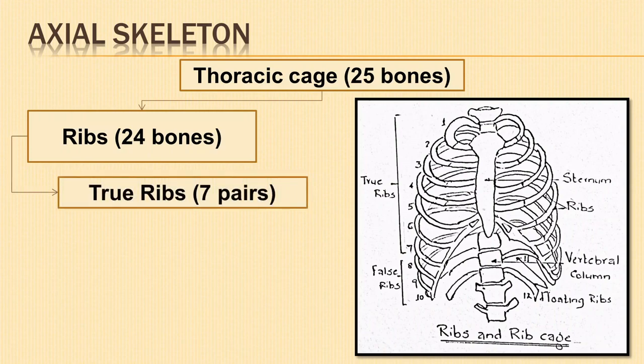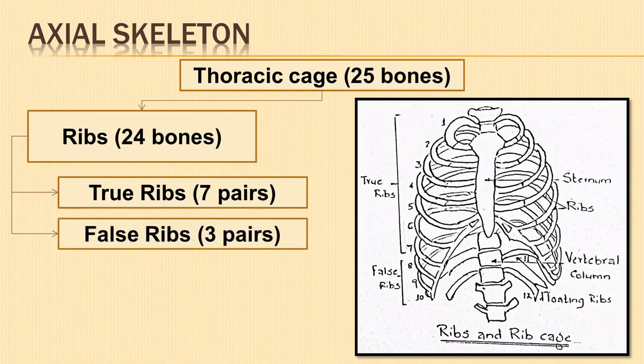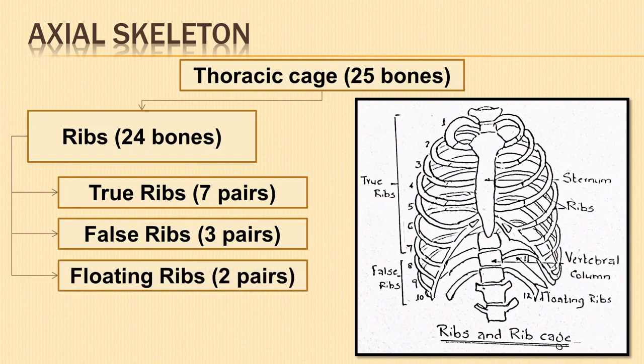The first 7 pairs of ribs, which are directly attached to the sternum, are called true ribs. 8th, 9th and 10th ribs are known as false ribs, as they are not directly attached to the sternum, but its sternal parts are attached to the 7th pair of ribs. 11th and 12th pairs of ribs are known as floating ribs, as the sternal parts remain free.